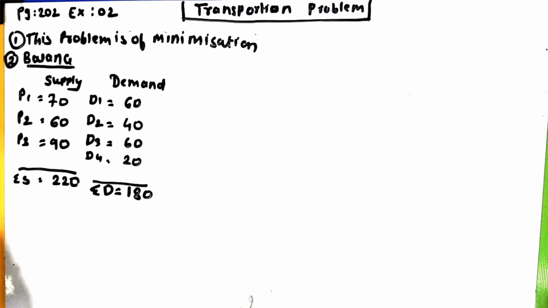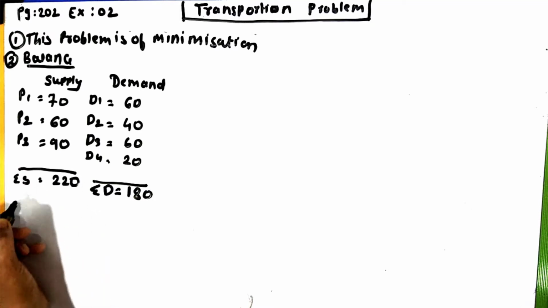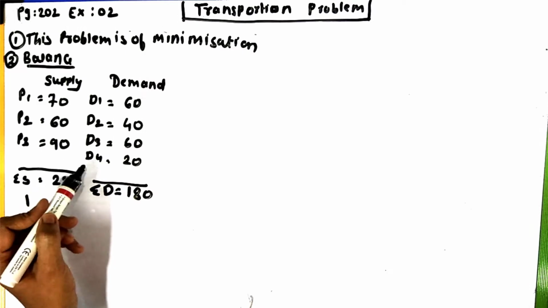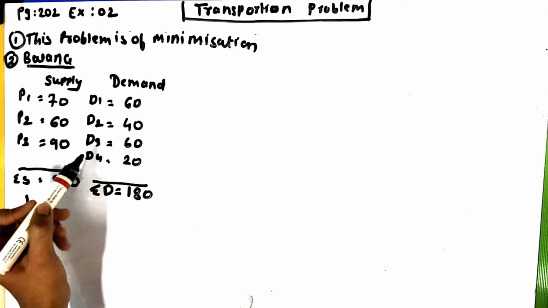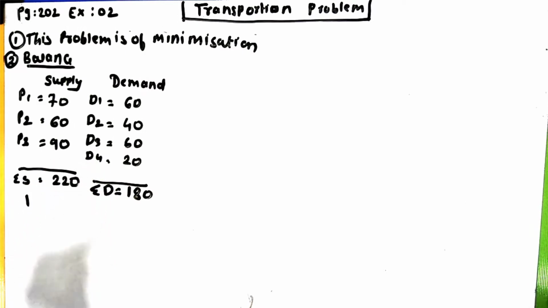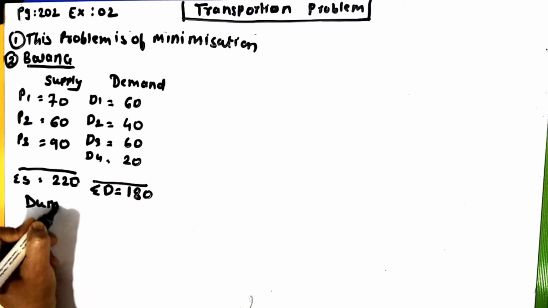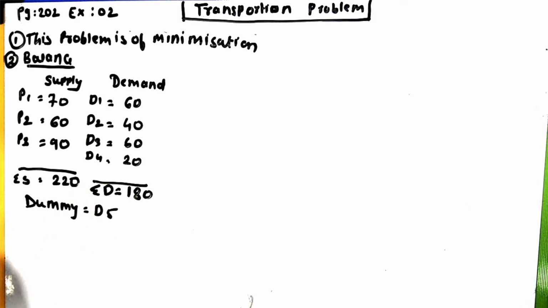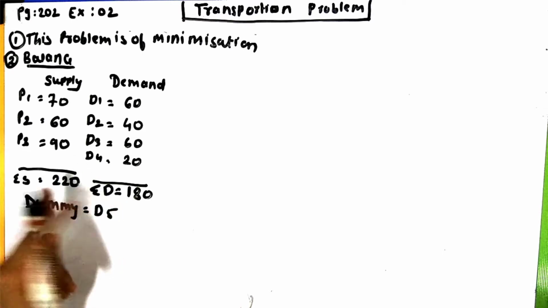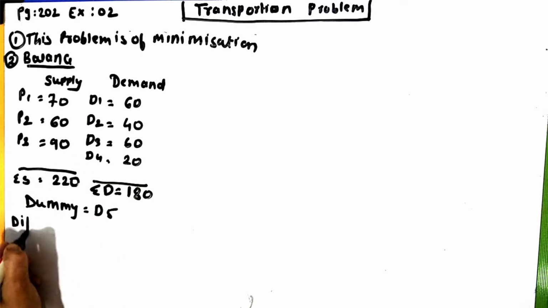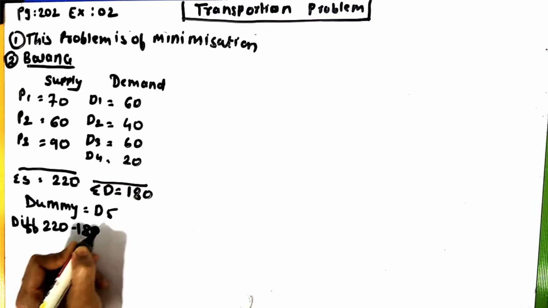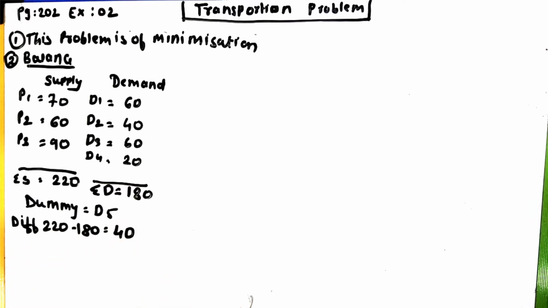So we need to take a dummy. Let me take the dummy in the demand side. After D4, the dummy will be D5. And the value of the dummy is going to be the difference between these two, 220 minus 180, which is 40.